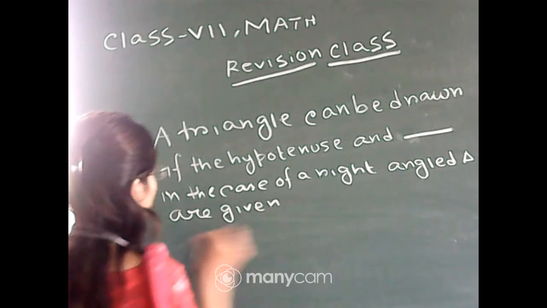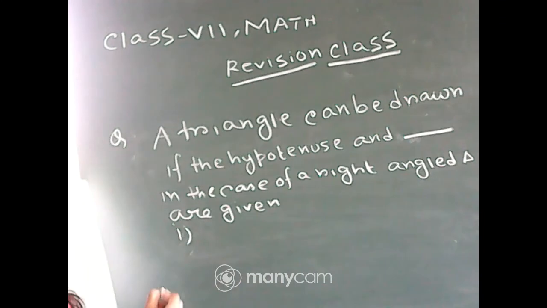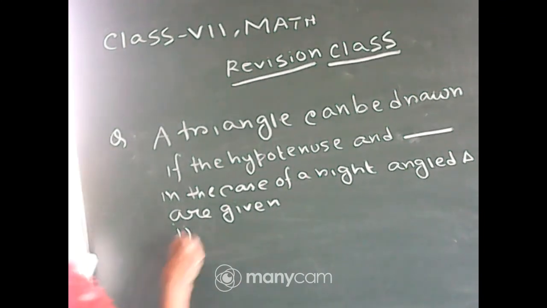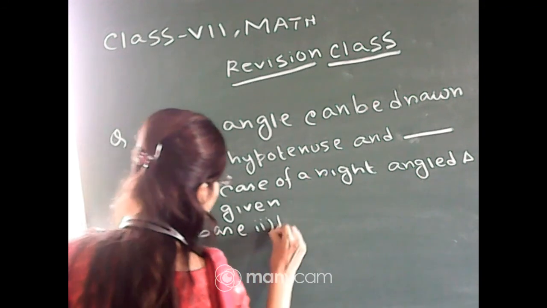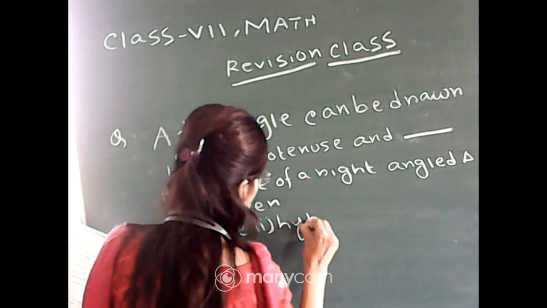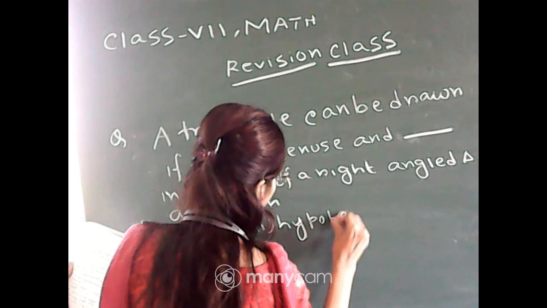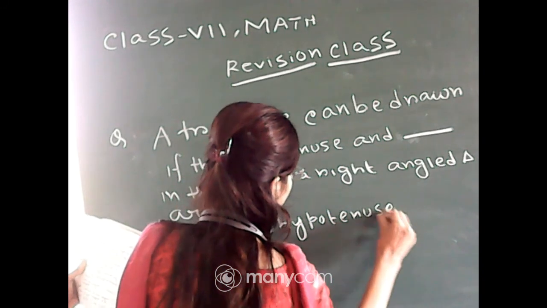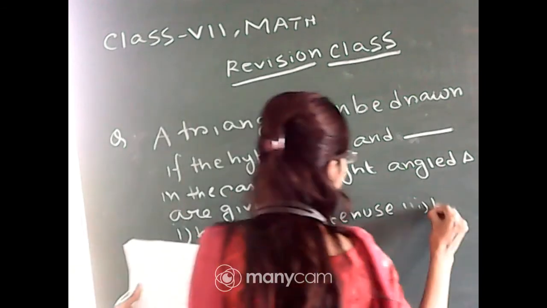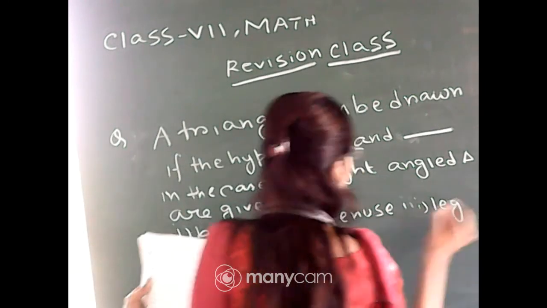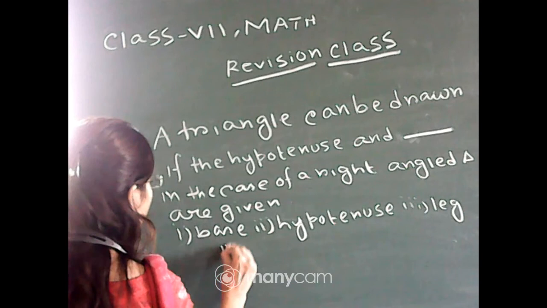Option 1 is base, option 2 is hypotenuse, option 3 is leg, and option 4 is none of these.